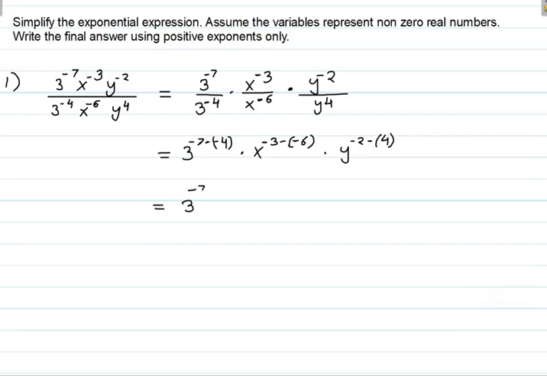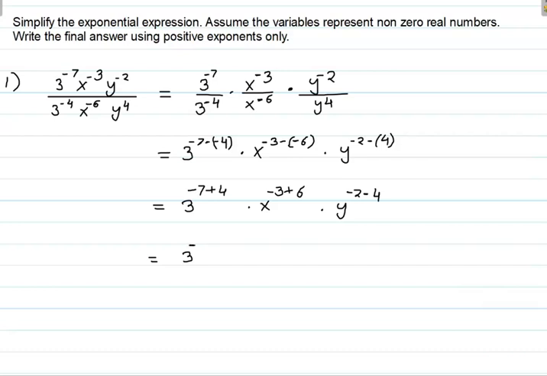So it's negative 7 plus 4, times x raised to negative 3 plus 6, times y raised to negative 2 and negative 4. Since two negatives make a positive, those change to positives.